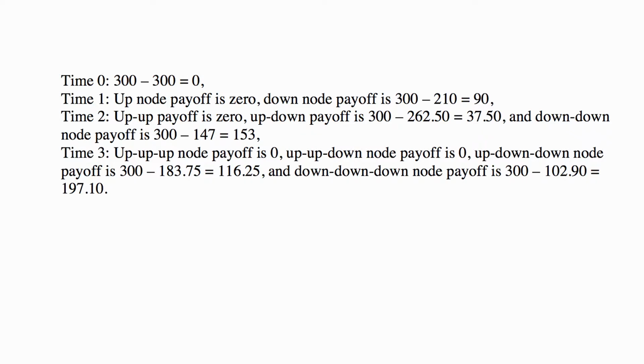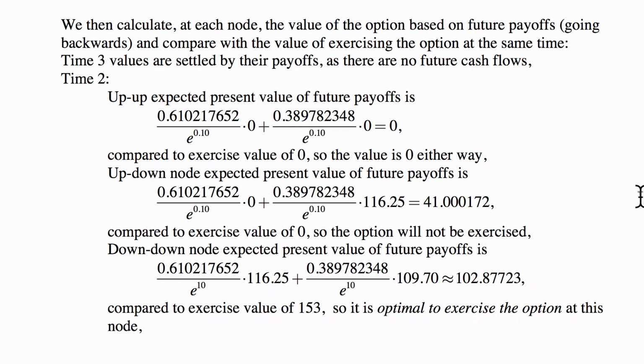At time 3, the up node payoff is 0. Up down node payoff is 0. Up down node payoff is 300 minus 183.75, which is 116.25. And down node payoff is 300 minus 102.90, which is 197.10.